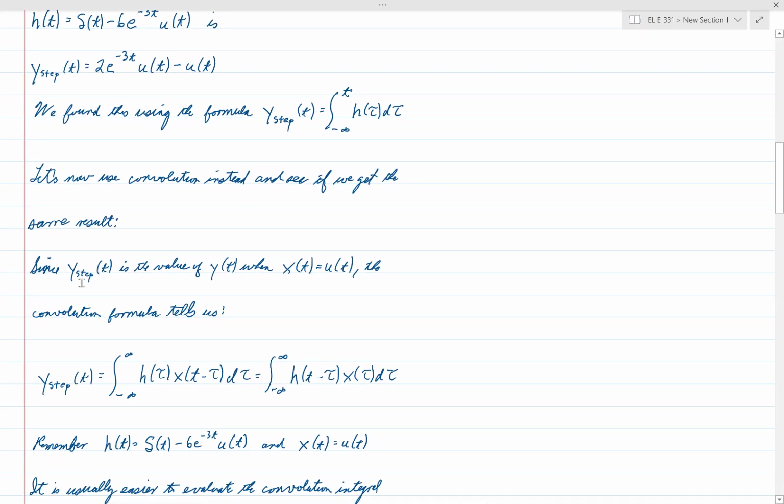So let me just make sure this is clear. y step of t is the value of y of t when x of t is the step.